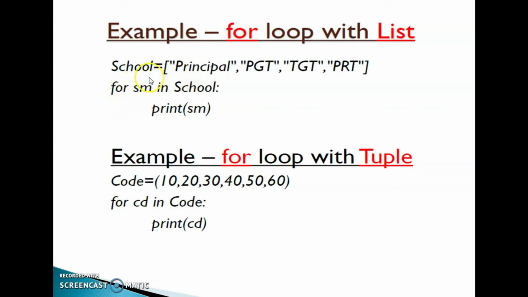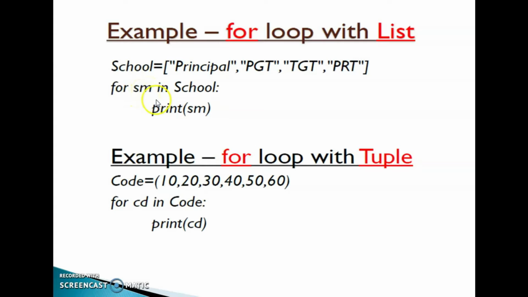During the first iteration, it will assign the first value to this variable SM. During the first execution of this for loop, the first value of this list is assigned to this variable SM.